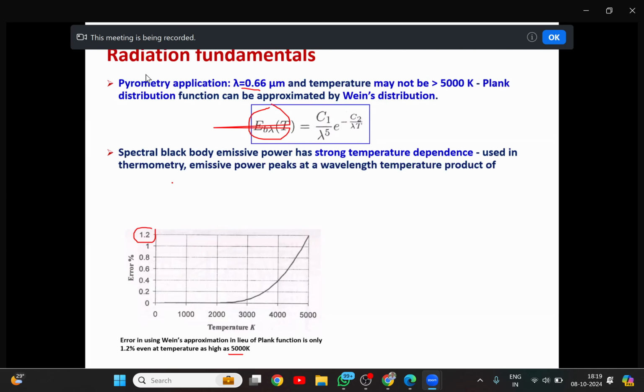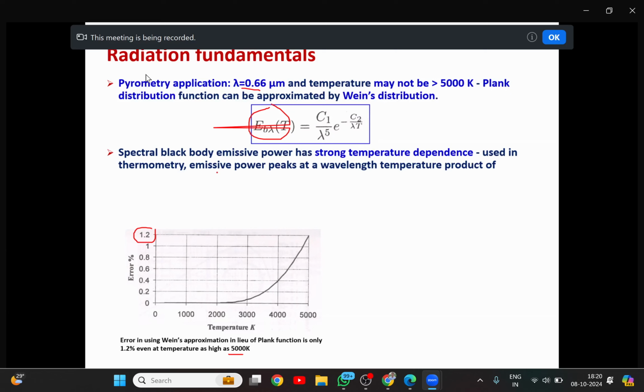The second thing you need to understand is that the spectral blackbody emissive power, E_B lambda, has strong temperature dependence. This is the theory behind thermometry using the concept of blackbody.